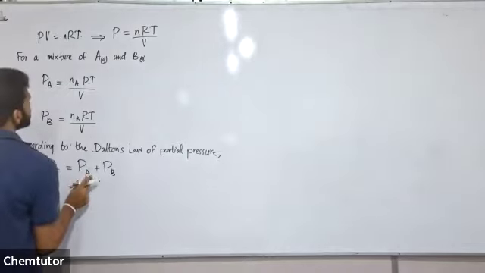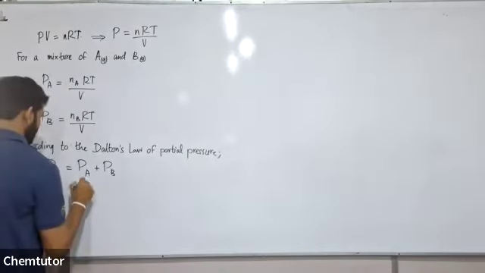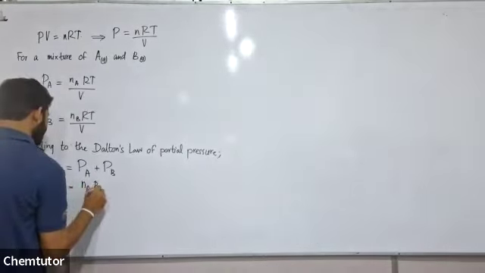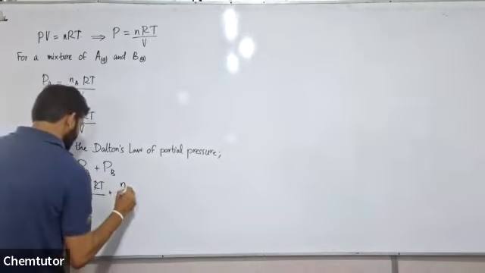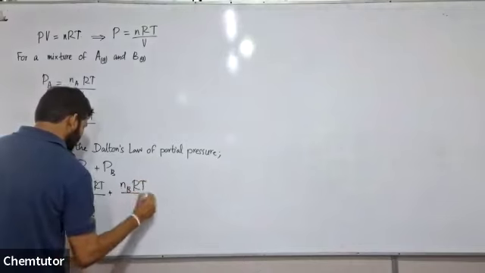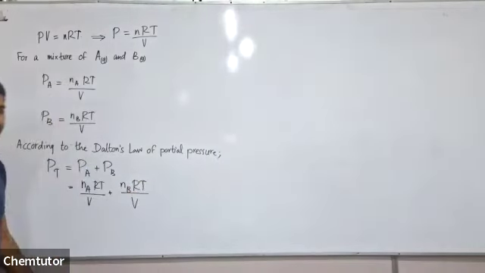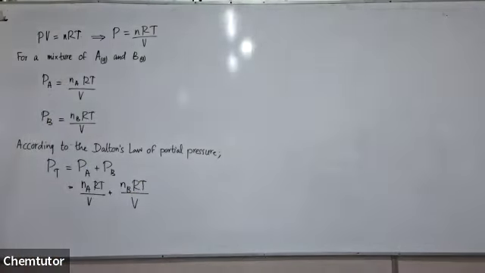We can replace PA with this one: Na times RT over V plus PB equals Nb times RT over V. Is it clear? Right. So RT over V is a common term, so we can take it out.